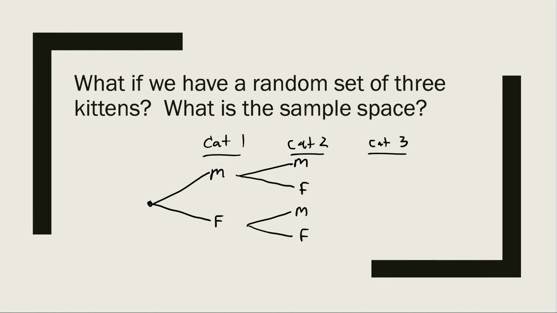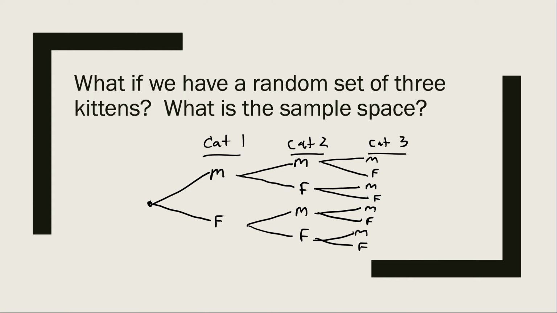So I'm going to branch off for both of those. And then again, if the first cat is male and the second cat is male, then the third cat could also be male, or the third cat could be female. And once you see that pattern of what's happening, you can go ahead and fill in, branching off of each of these with a male or female possibility.